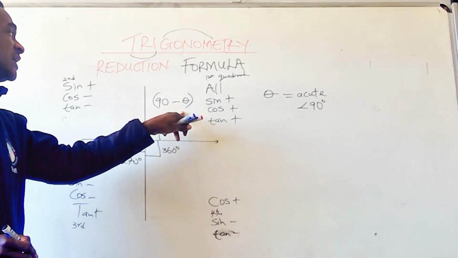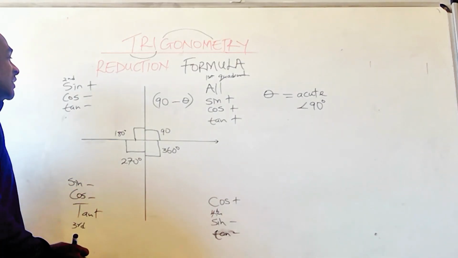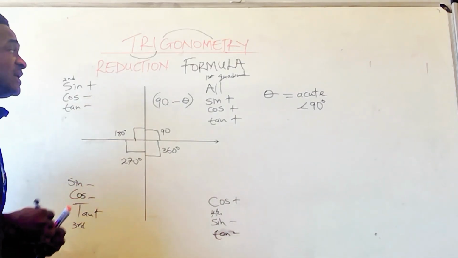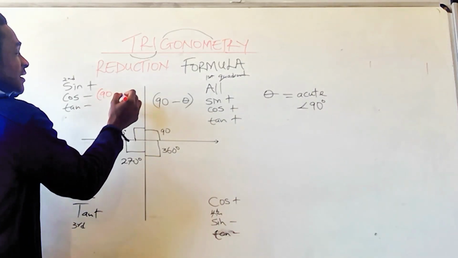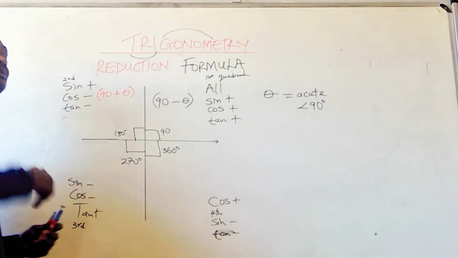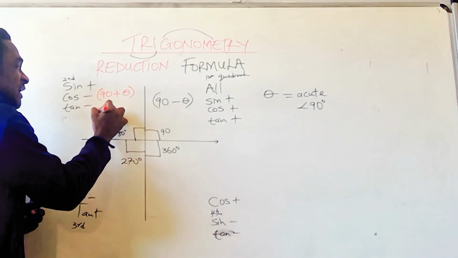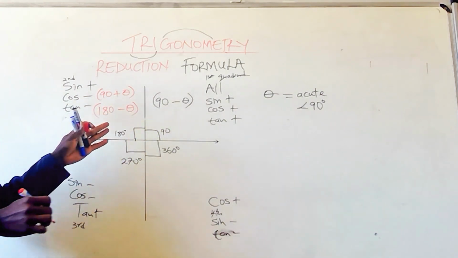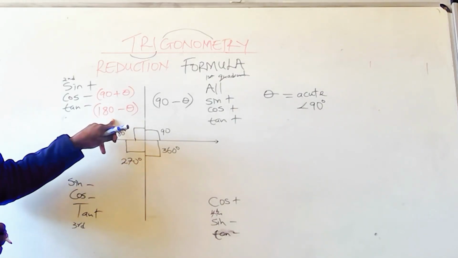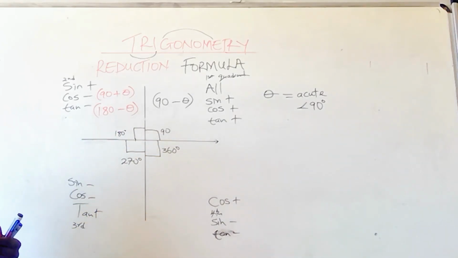So 90 minus that angle, that's what will fall in the first quadrant. For the second quadrant, any angle that falls there can be greater than 90. That means it can also be 90 plus theta. That means greater than 90. Or, since we have 180, it can be 180 minus theta. So here we are looking at angles that are greater than 90 degrees, but less than 180 degrees. Remember, theta must always be acute.